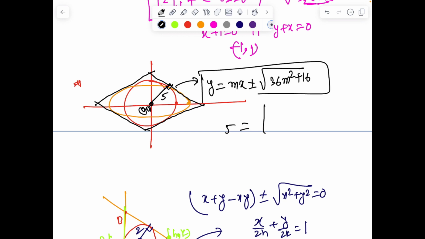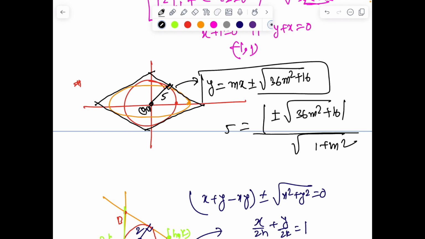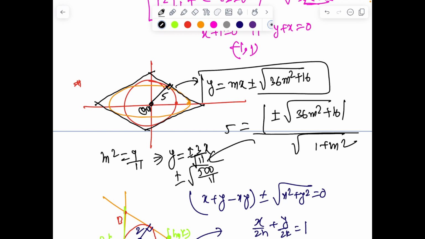So 5 is going to be plus minus root of 36 m square plus 16, divided by root over 1 plus m square, and that gives the value of m square to be 9 by 11. This implies the equation of the line is y = ±(3 by root 11)x ± root 105 by 11.